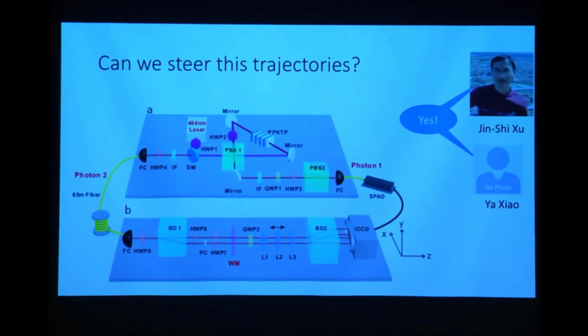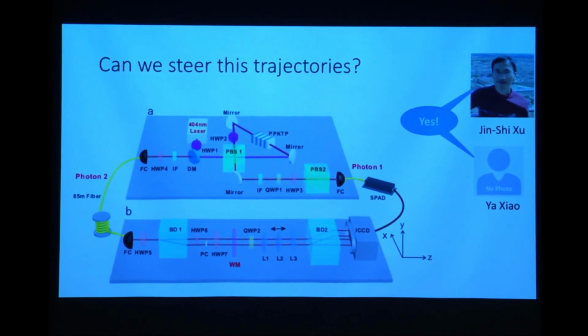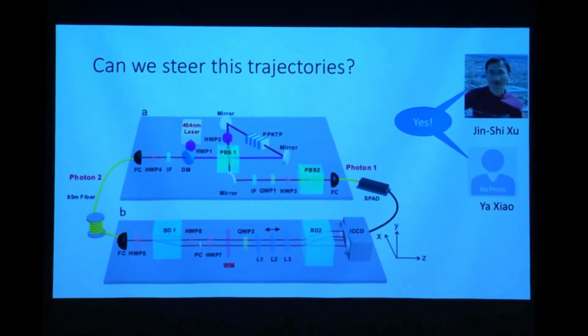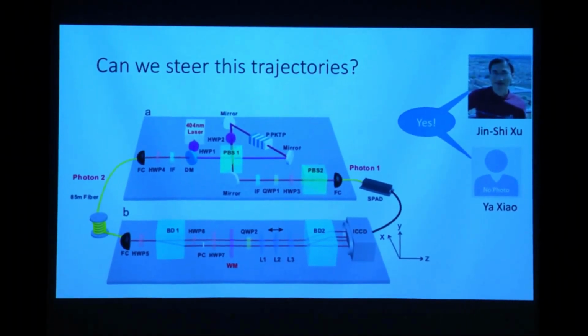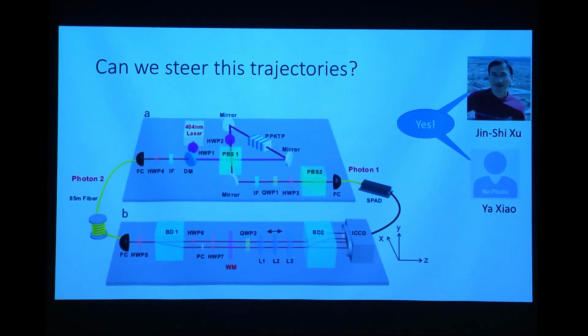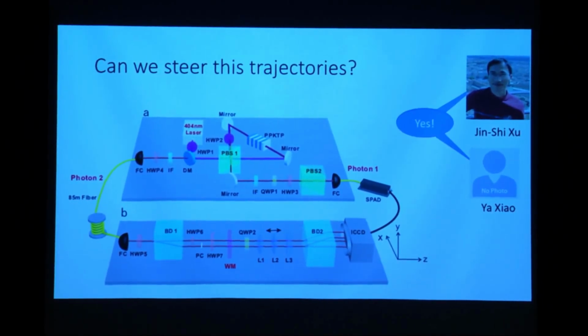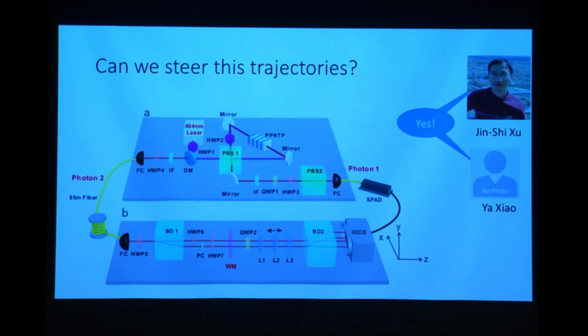Jinshi and Chao-Ya said yes, and they built this setup. So now I'm taking two entangled photons. One of them I'm sending to a two-slit experiment, and the other I'm measuring in a different location.